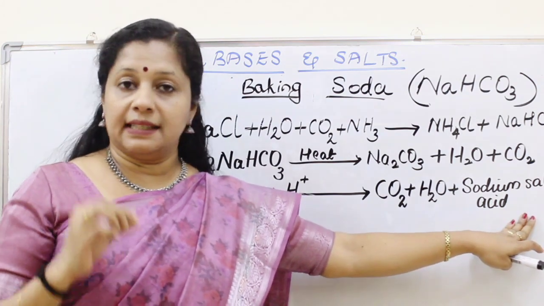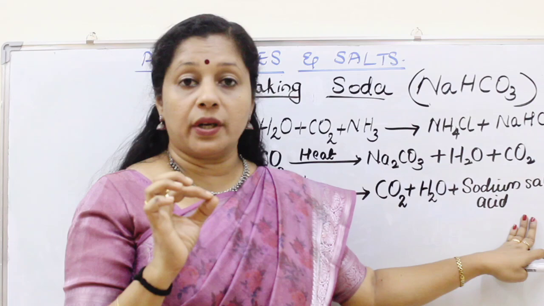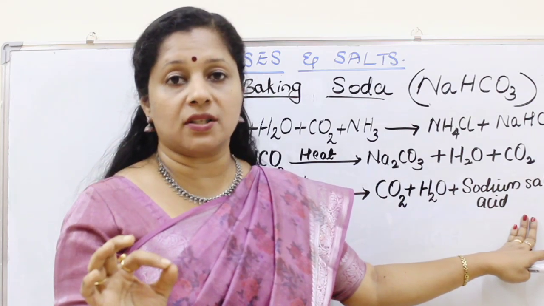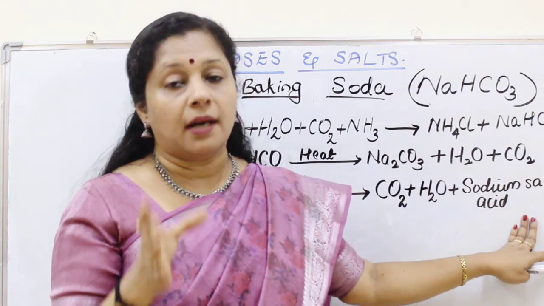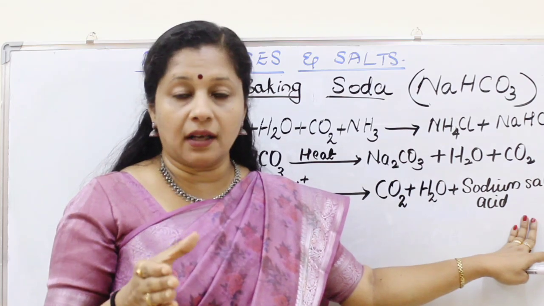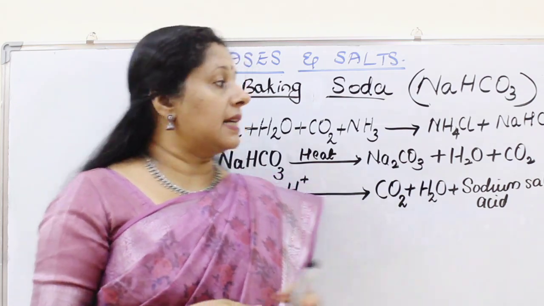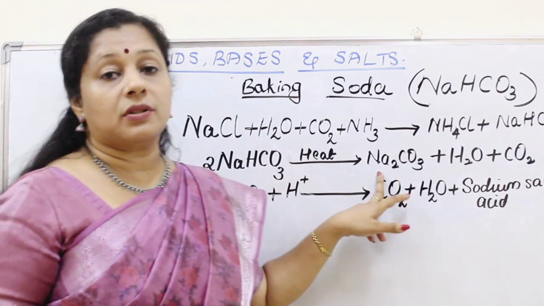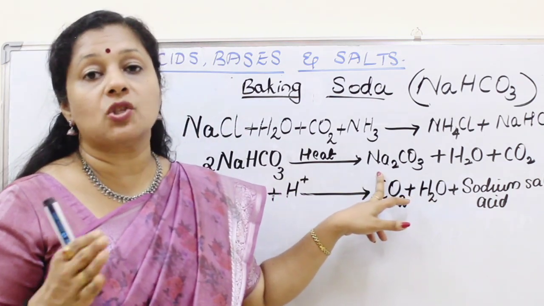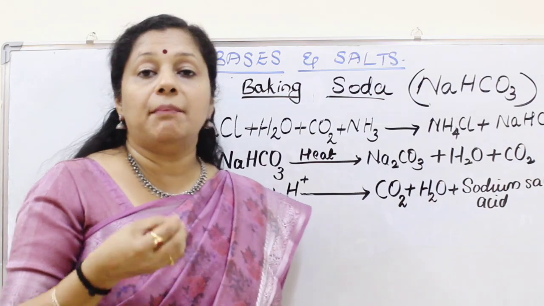So clearly understand. First, sodium hydrogen carbonate is called baking soda. But when we are cooking baking soda, water will evaporate, and as a result, sodium hydrogen carbonate will become sodium carbonate, which will give a bitter taste.